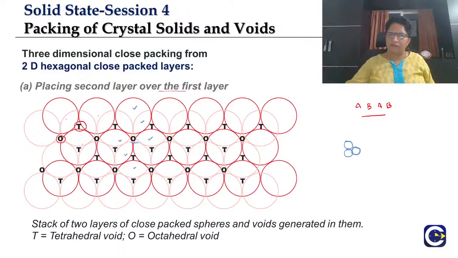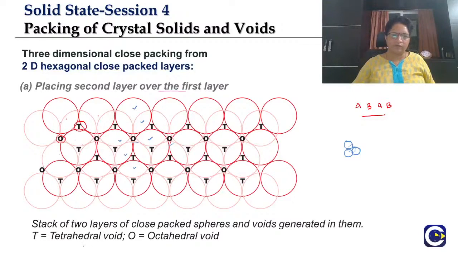in a triangle form, and in the space above I have to put 3 more so that it makes an octahedral void. For tetrahedral we will get only 4 spheres. If I put one more at the top of this, the space that is covered will be a tetrahedral void.